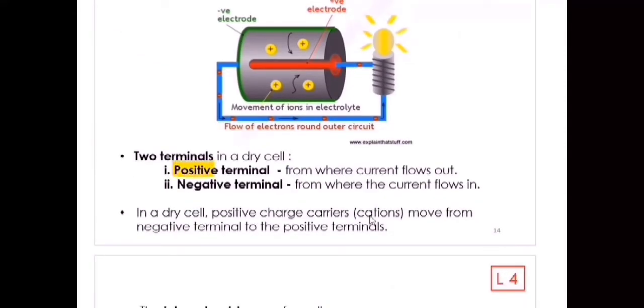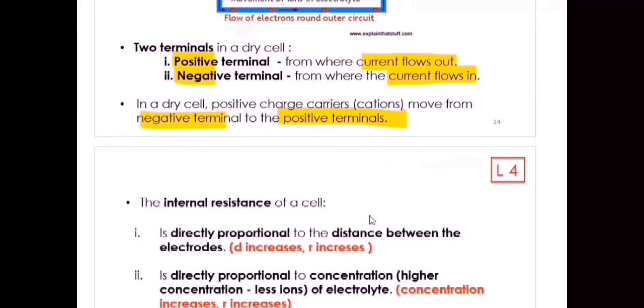The positive terminal is where the current flows out from, and the negative terminal is where the current flows in. The current flows from the positive terminal to the negative terminal, whereas electrons flow from the negative terminal to the positive terminal. In a dry cell, positively charged cations move from the negative terminal to the positive terminal.